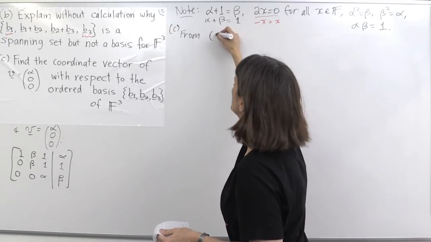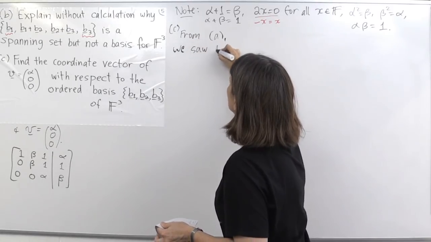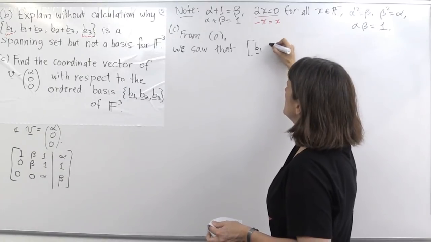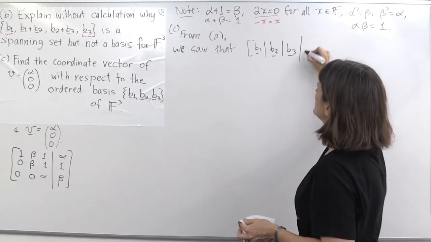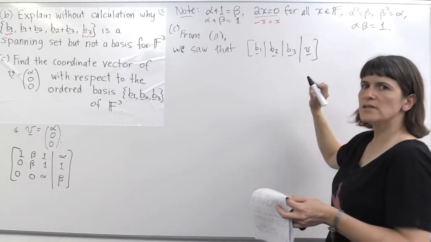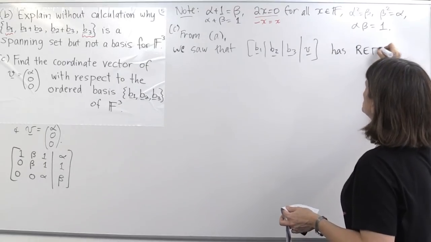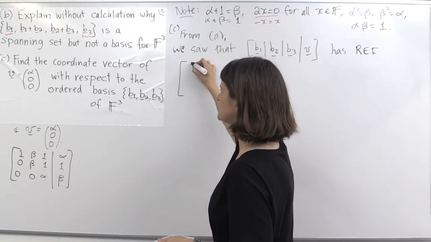So from part A, we saw that when we put B1, B2, B3, and then V into a matrix and we row reduced, it has a row echelon form, which is the thing we stored over there, which I'm going to copy now, and then we'll continue.